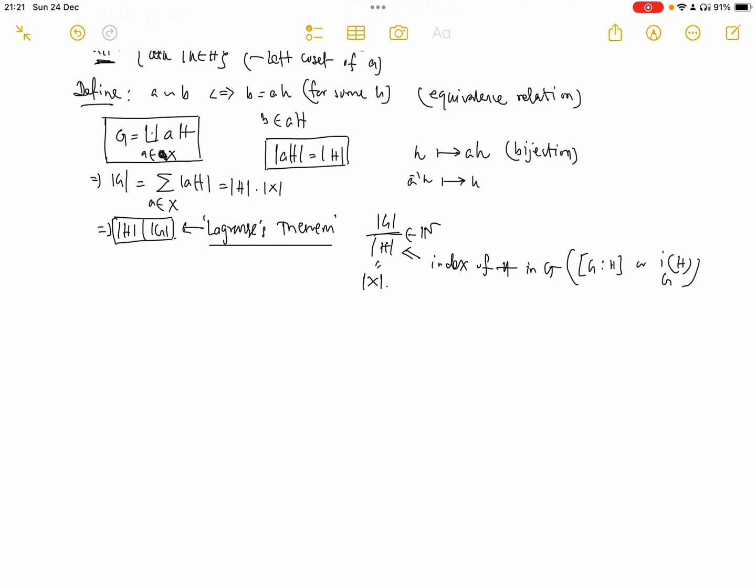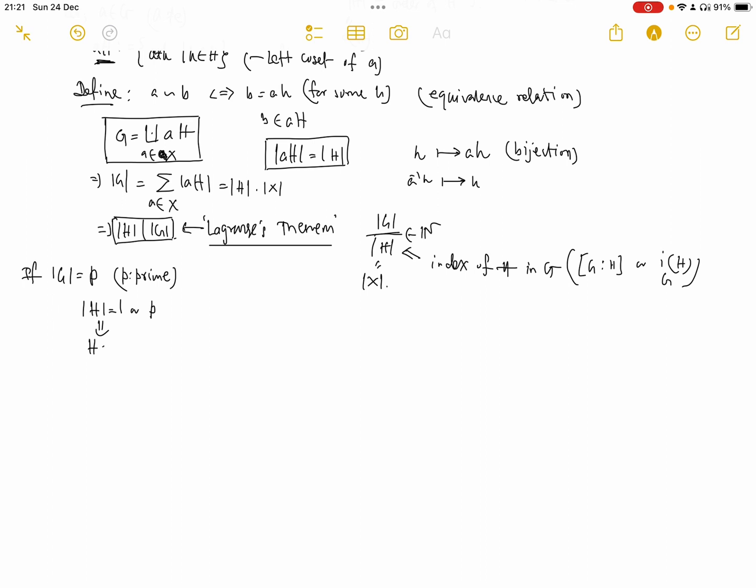So the first thing to notice here is if the order of the group is a prime number p, that means the only divisors are 1 and p itself. So the possibility of any subgroup is that either it has order 1 or it has order p.